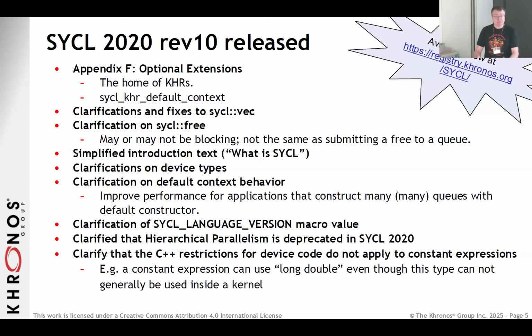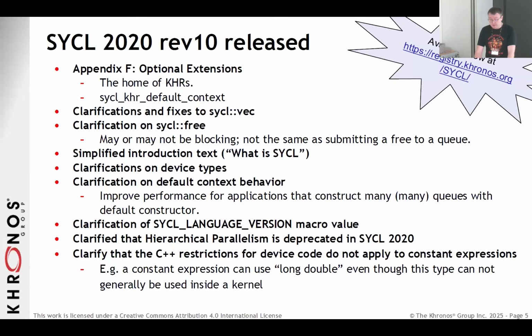Things like recursion do not apply to constant expressions because they can be evaluated at compile time. So although a GPU can't support all of the C++ features, it's still totally fine if it's in a constant expression. Things like long double, for example, might not be supported on all GPUs, but because it's in a constant expression, the compiler can deal with it, so it's all totally fine. It slightly reduces those device code restrictions to make it much more aligned with typical C++ styles of writing with things like constant expressions.